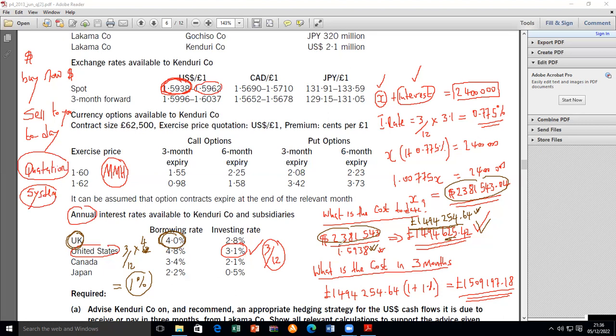If it was direct, you would have been multiplying. So that's the only thing you need to take care of there. So the receipts and payments, you need to be careful in terms of the quotation system. Otherwise, the rest is okay.